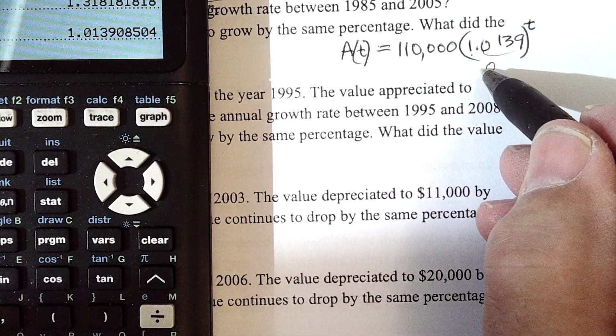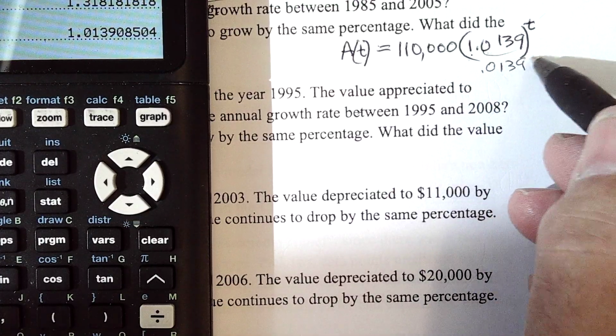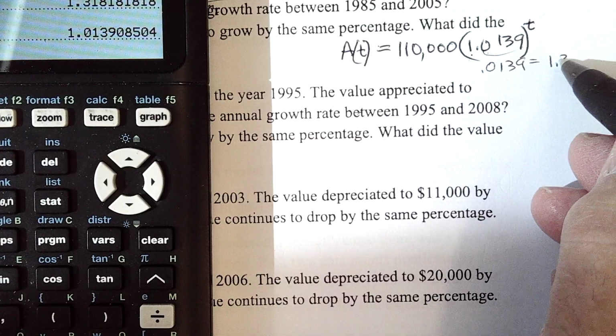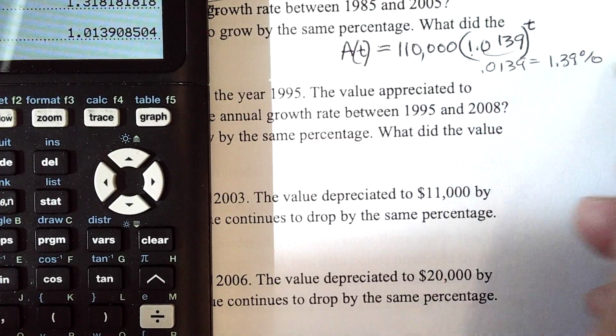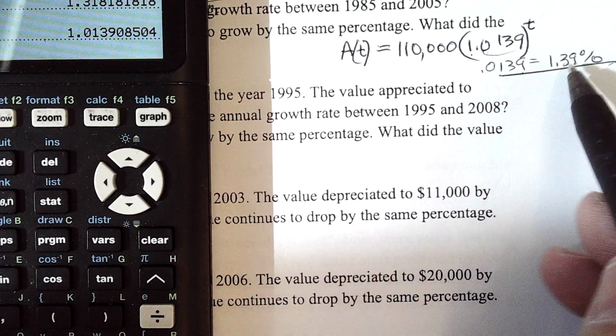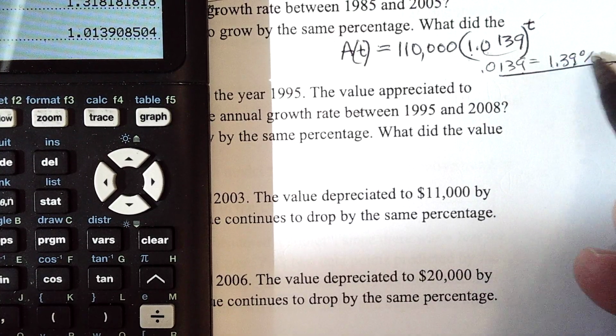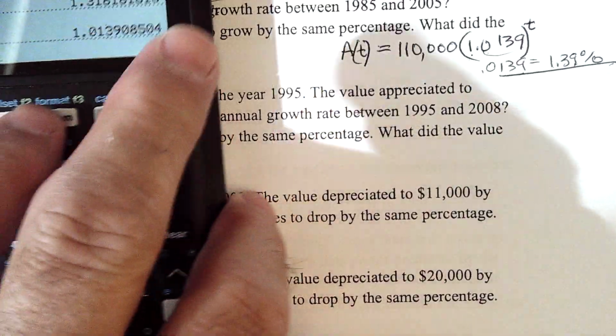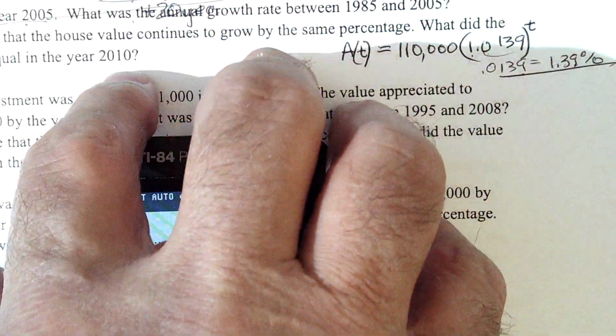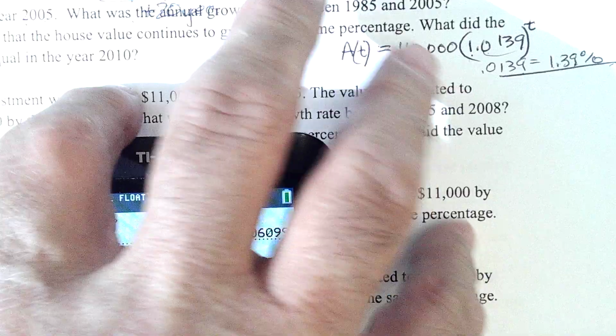So 0.0139 is 1.39%. So the house value is going up on average each year by 1.39%. So we're supposed to find out for 2010, which will be 25 years.